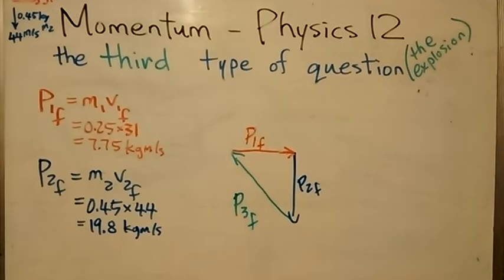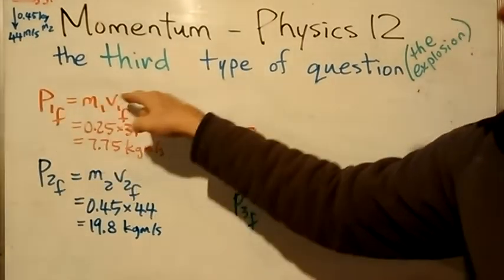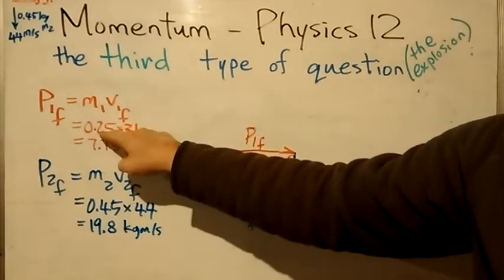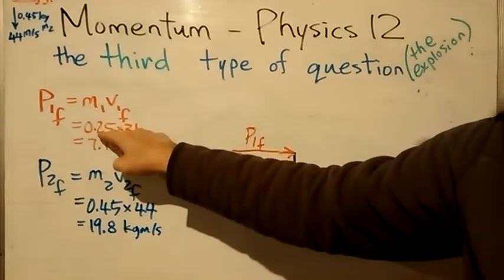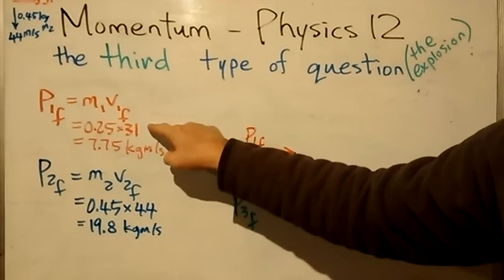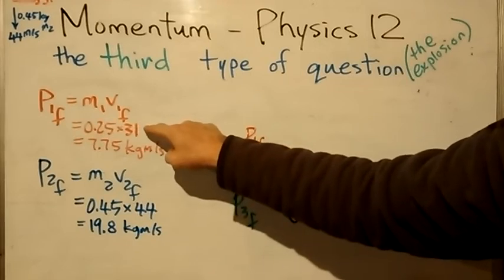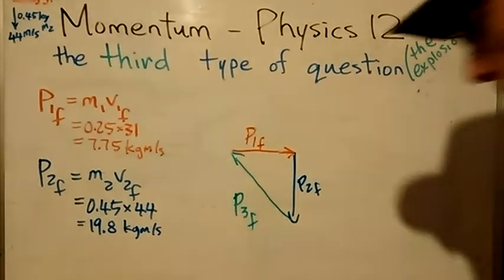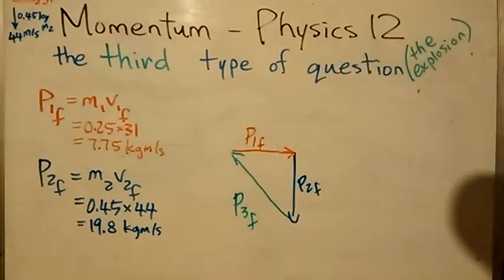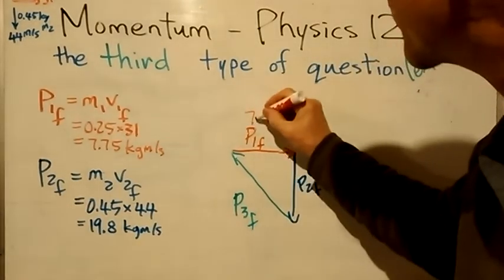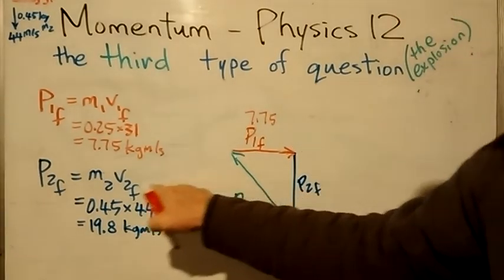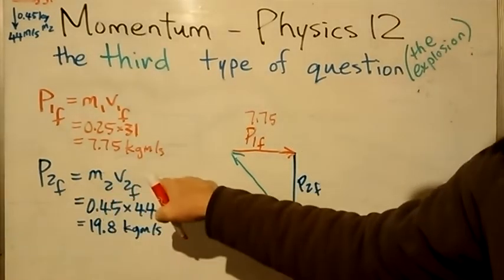After calculating some numbers, I've got P1 final. It's just mass 1 times V1 final. The mass 1 was 0.25 kilograms. Its speed was 31 meters per second. So we get 7.75 kilogram meters per second. And similarly for P2 final, it's just M2 times V2 final.